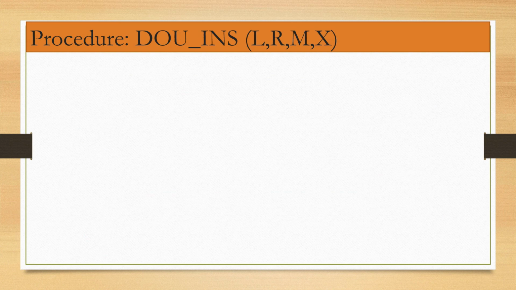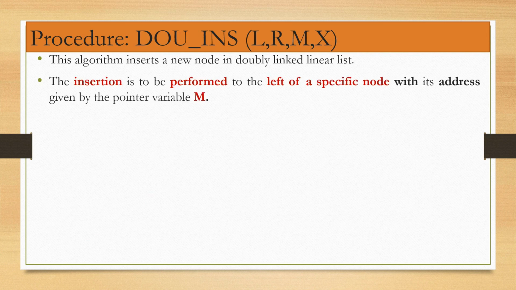Now the algorithm to insert a node in doubly linked list. This algorithm inserts a new node in doubly linked list. The insertion is to be performed to the left of a specific node with its address given by the pointer variable m.